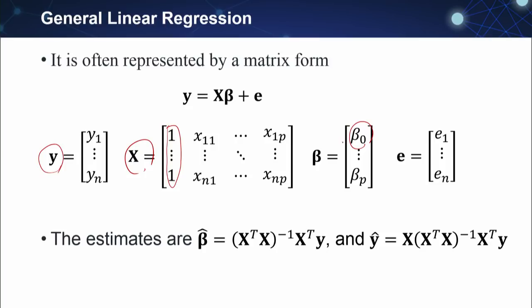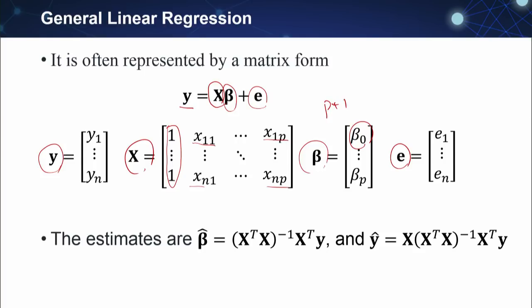The others are the observed values x11 and x1p, xn1 and xnp. Then vector beta is a vector of length p plus 1, including beta 0. Then E is the vector of the noise. So we can express that vector y is equal to the matrix x times the vector beta plus the vector E.